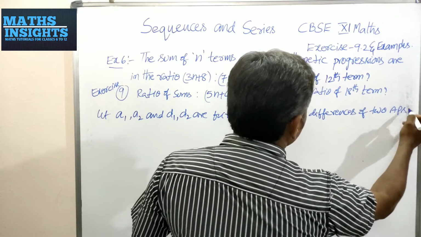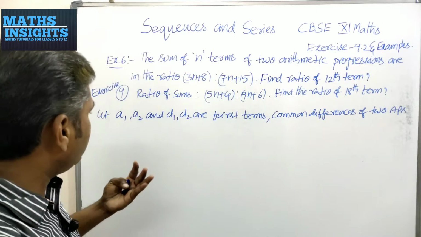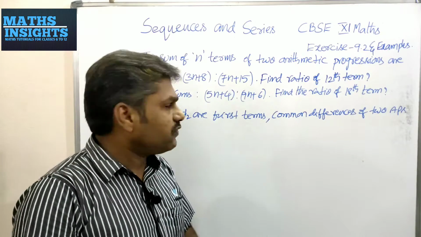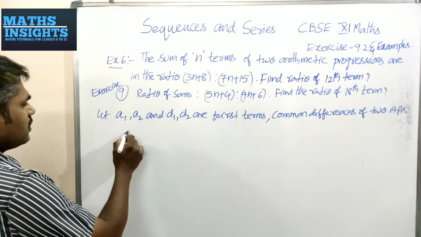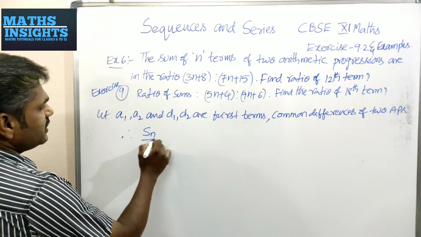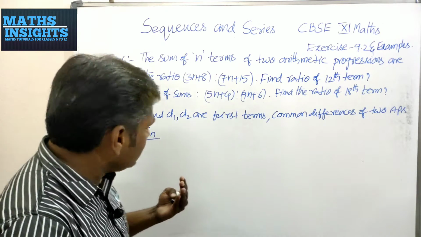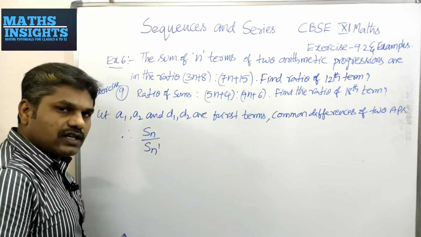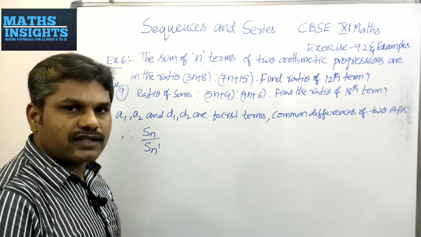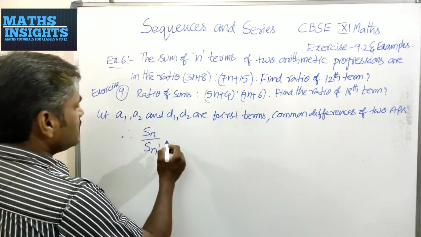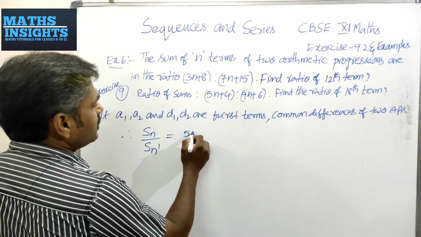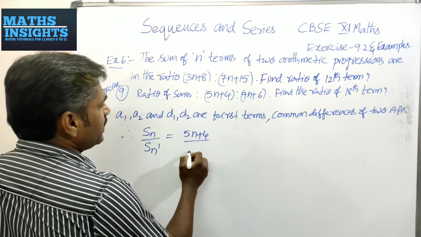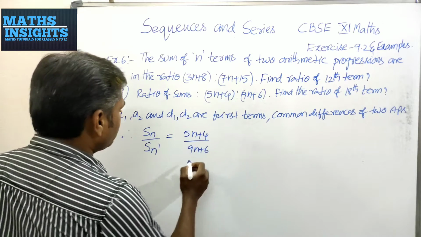There are two APs, so we have to differentiate their first terms and common differences. Therefore, let Sn be the sum of n terms of the first progression, and Sn dash the sum of the second arithmetic progression, whose ratio is what they have given, 5n plus 4 by 9n plus 6.